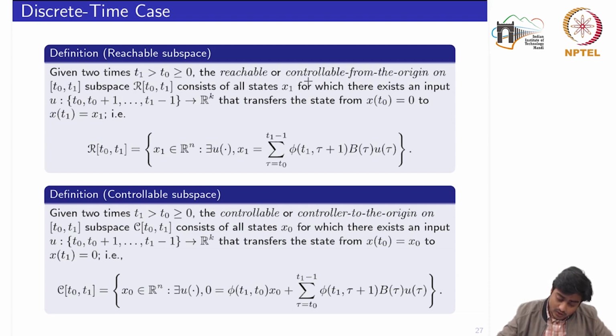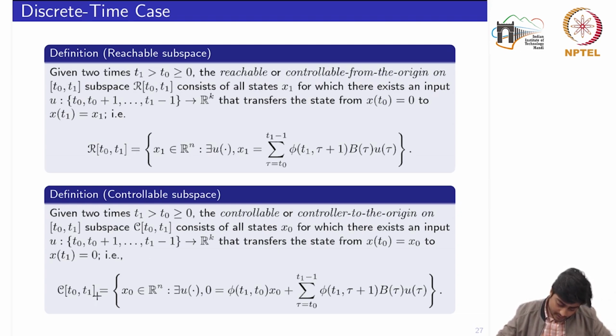The reachable or controllable from the origin within this interval t0 to t1 consists of all those states x1 for which there exists an input, a sequence of inputs starting from u(t0) up to u(t1 minus 1), that transfers the state from x(t0) equals 0 to x1, which is given by this set. So this is the reachable subspace.